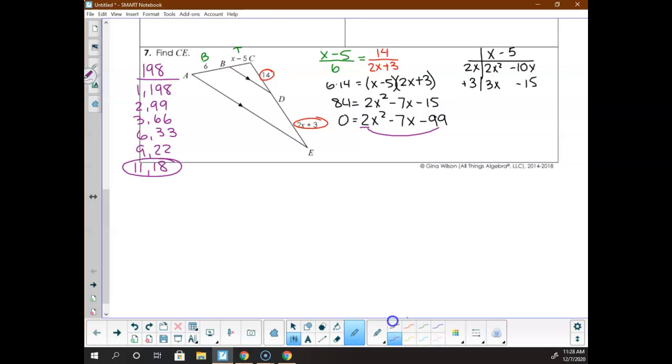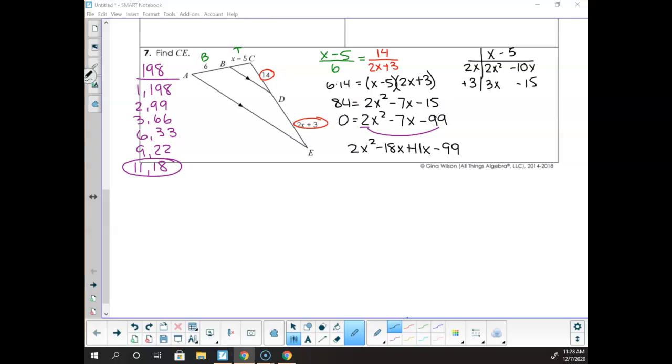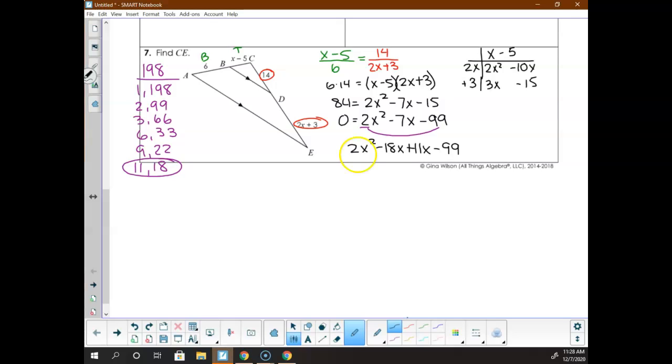So I end up splitting that negative 7 middle term. I've got 2x squared minus 18x plus 11x minus 99. From here, I can pull out a 2x and I can pull out an 11.